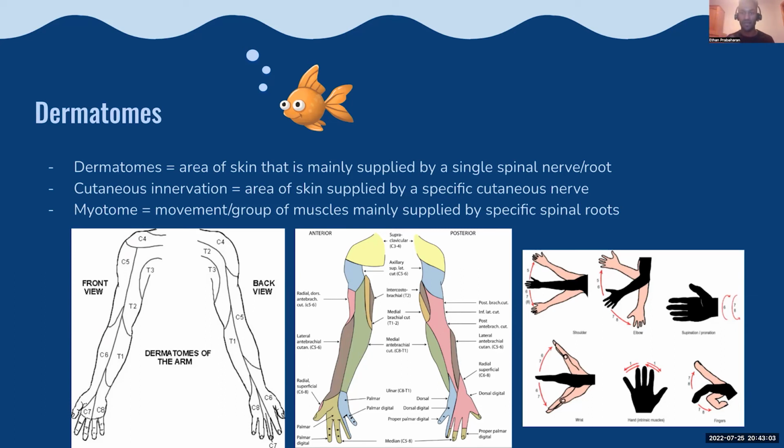Moving your fingers up and down, mainly the root C7 and C8. That can be really tricky to memorize, but normally they sort of go down in a sequential order. So if you look at the relationships between the numbers, there's generally something there, but that might be something you need to know for your neuro exam if you do it in an OSCE situation in maybe year 2, if not year 1.